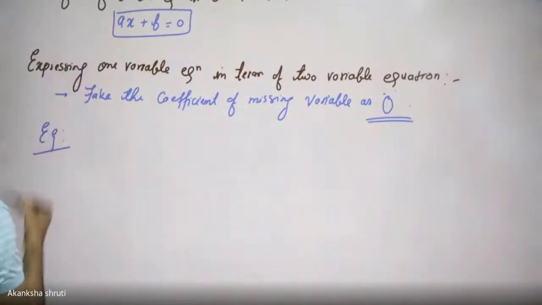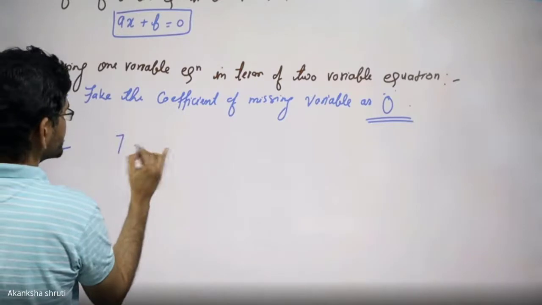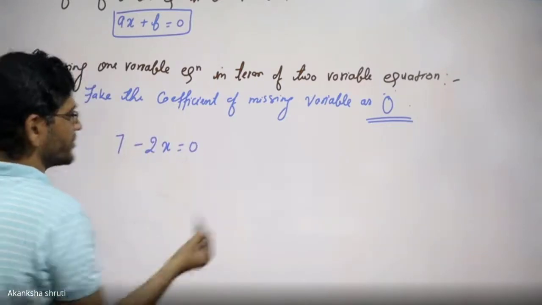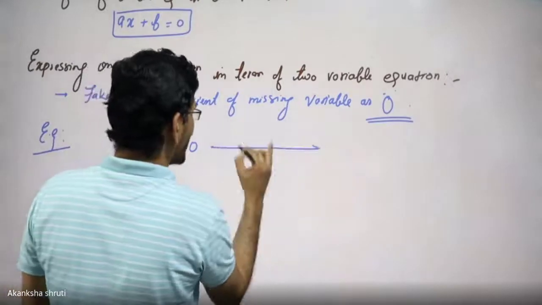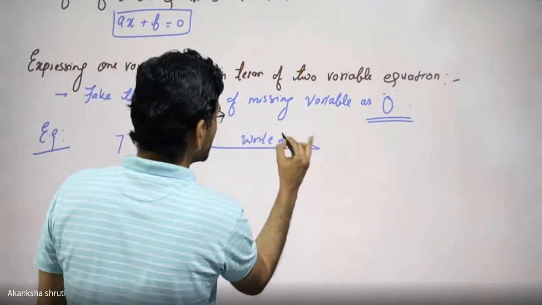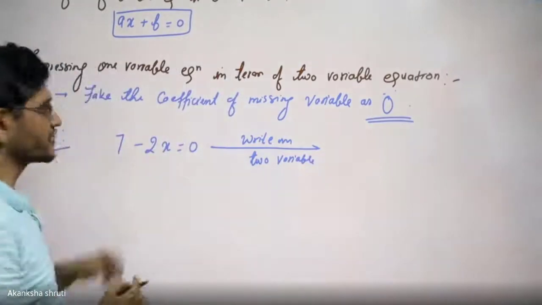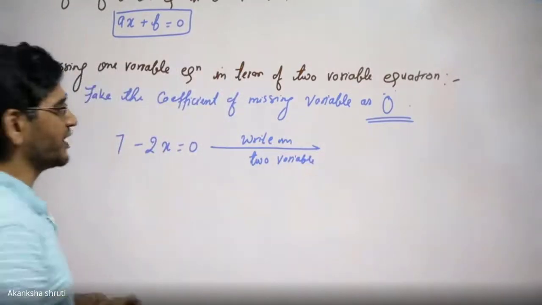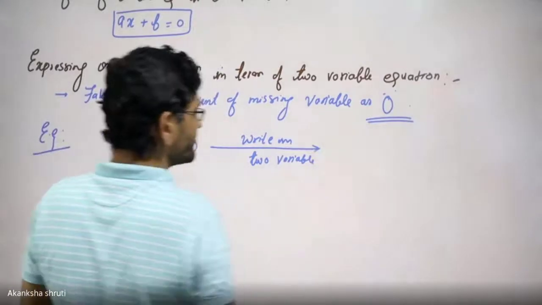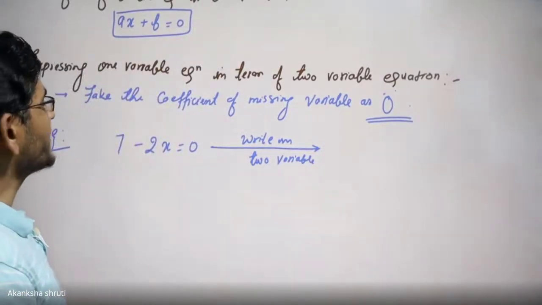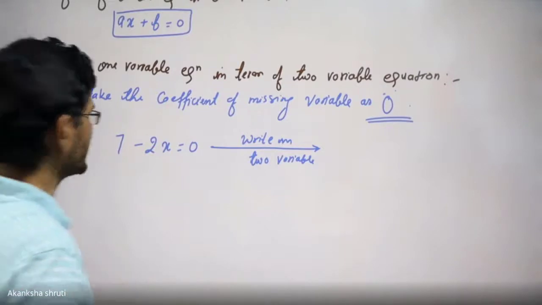Example, we are given 7 minus 2y is equal to 0, and we have to write this equation in two variables. Though in fact this equation is a one variable equation only, still we want to express this as a two variable equation. What can we write?